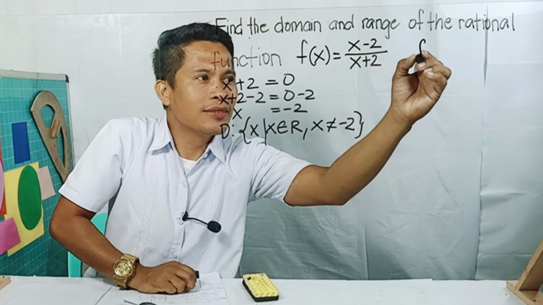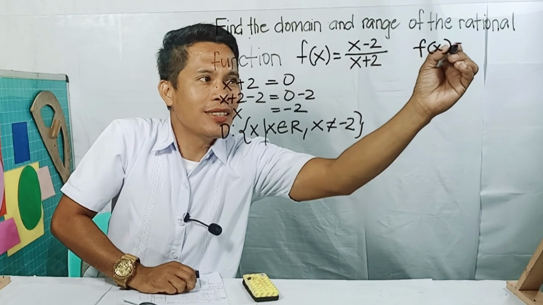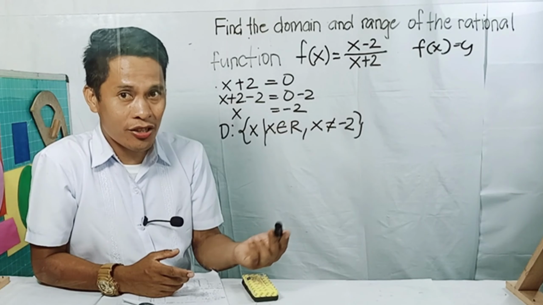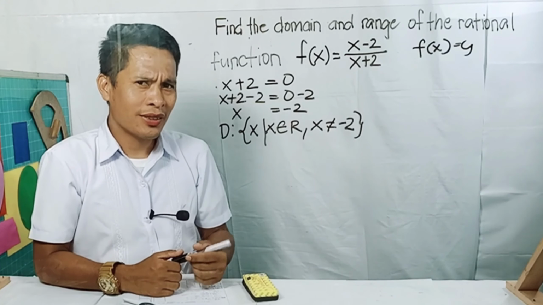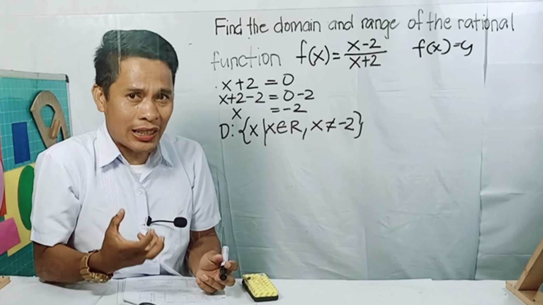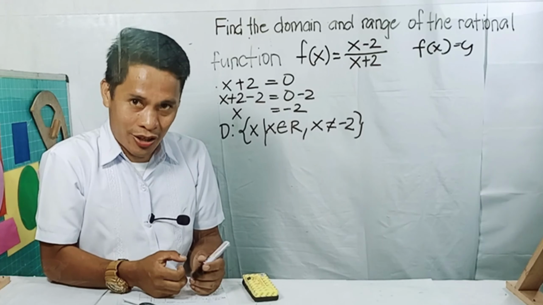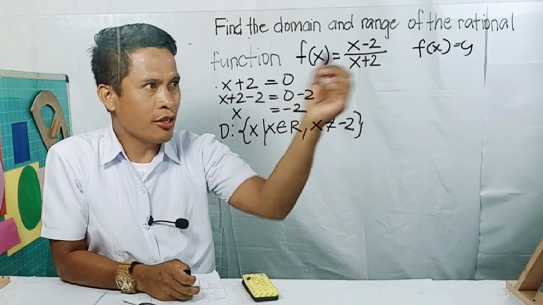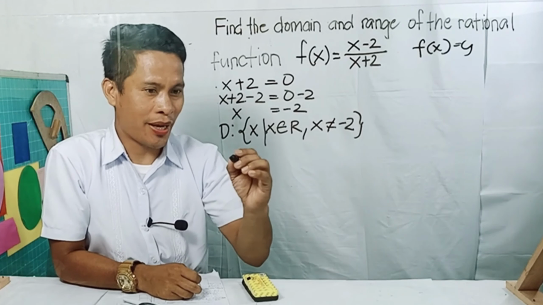Remember that f of x is also equal to y. And in finding the range of the rational function, it is just like finding the inverse of a rational function. Okay. So, let's substitute y for f of x.